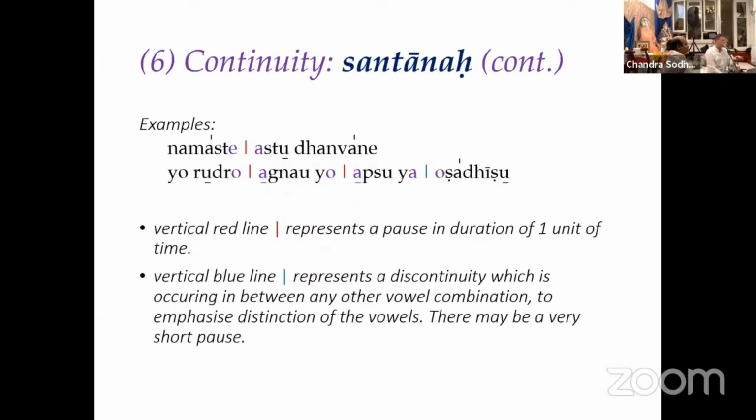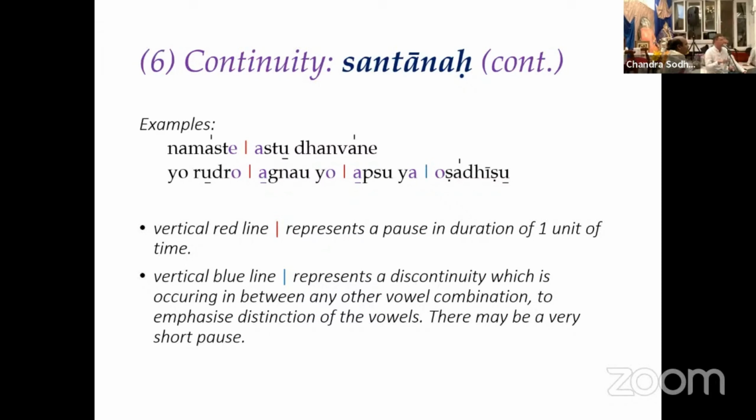This pause adds 1 unit of additional time, because we said that dirgham are 2 units of time, and when followed by a short vowel, we need to prolong by 1. I'm stressing this because it is very important and we really follow it. You see, a red vertical line denotes that pause. So it's not namaste astu dhanvane run together, it's namaste, pause, astu dhanvane.